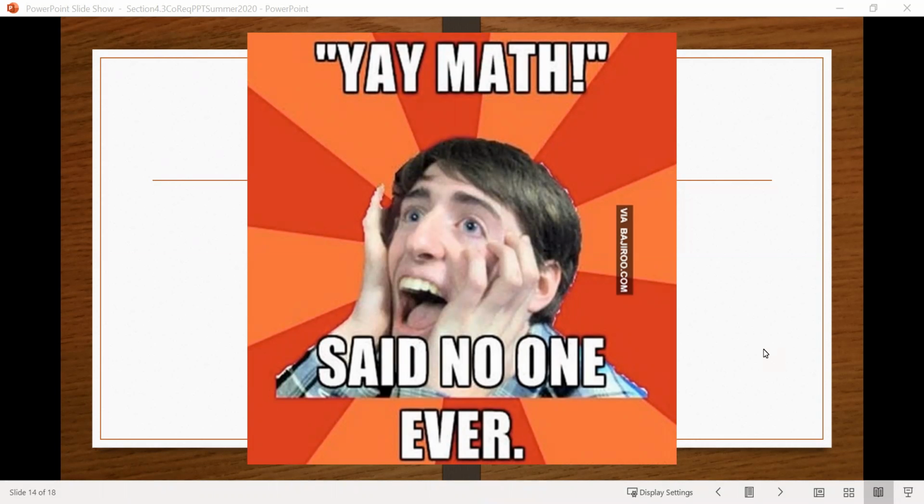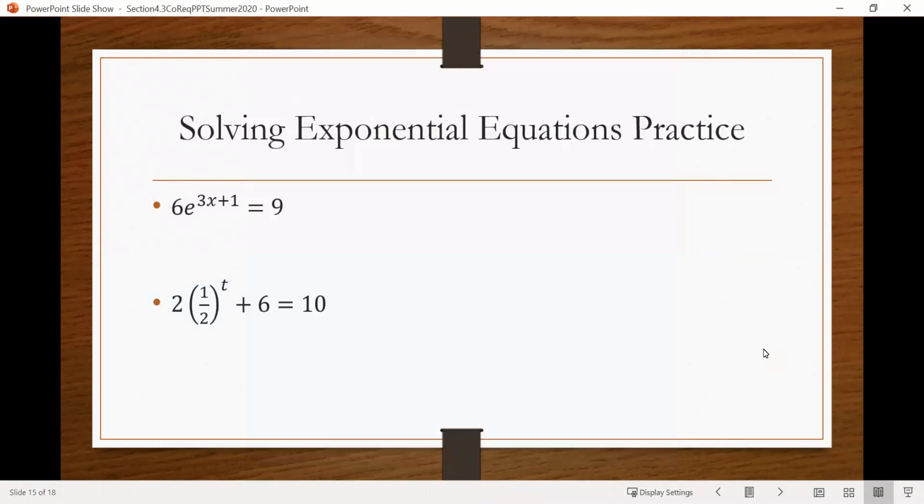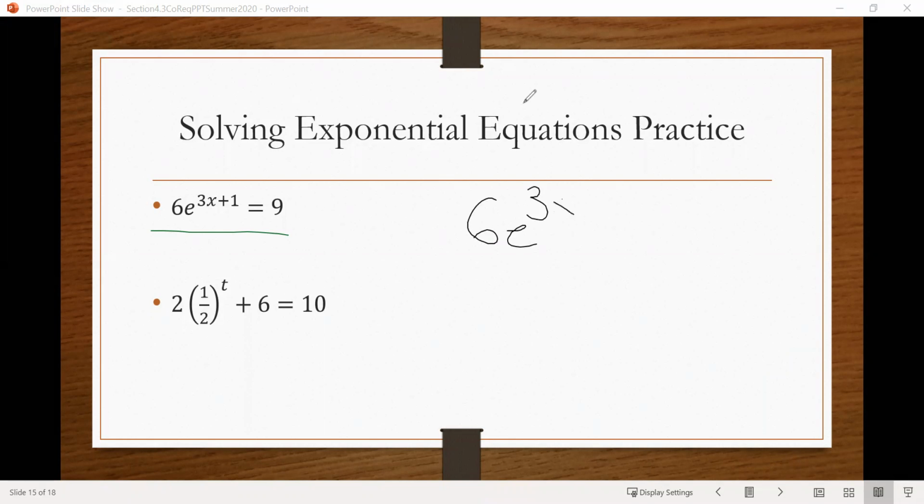Okay, so let's continue on looking at some examples of solving exponential equations. We're going to work on the first one there: 6 times e to the 3x plus 1 equals 9. Just like we saw on the previous problems, the first thing we want to do is try to isolate the exponential term, this e to the 3x plus 1.